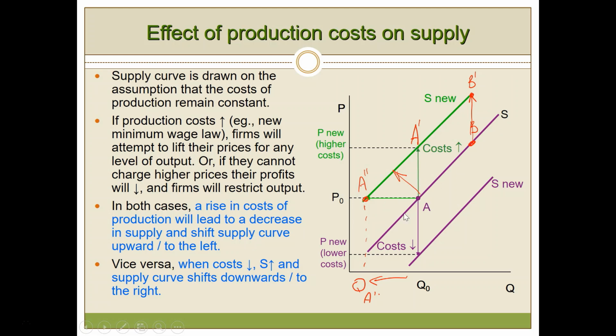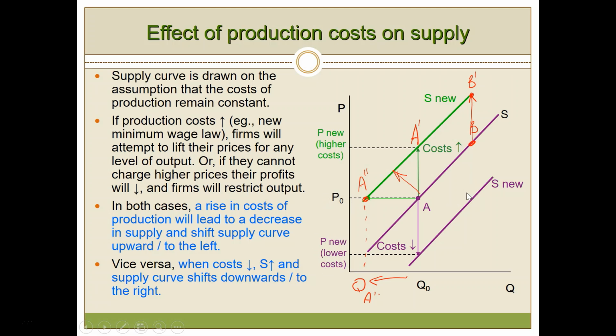So we'll have this shift from purple line to green line. And vice versa, when costs drop, when costs go down, we will be able to charge lower prices for previous quantities. So instead of charging the original price P0, we'll be able to charge lower prices.